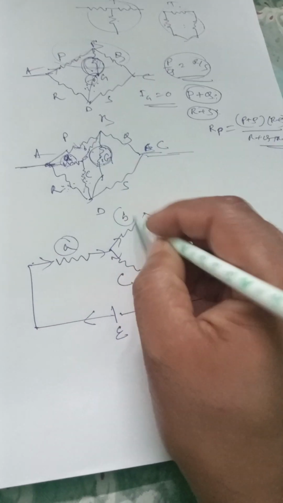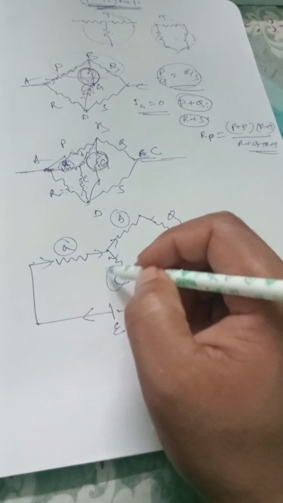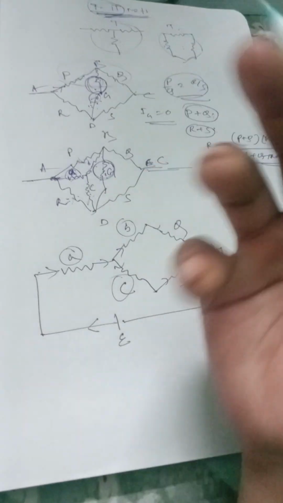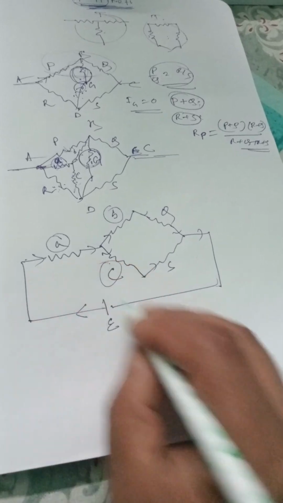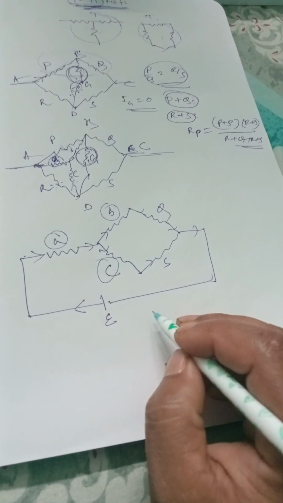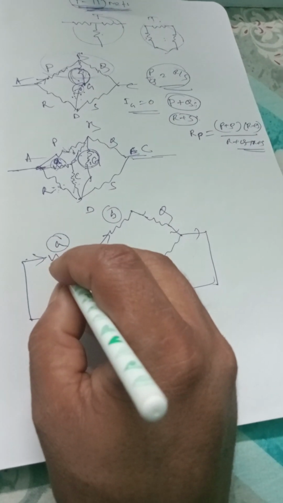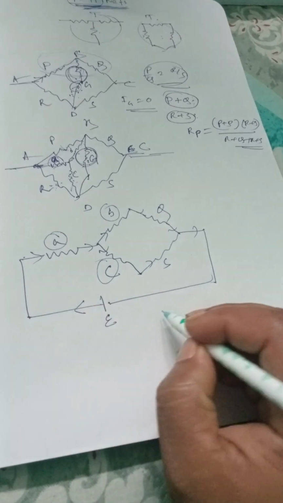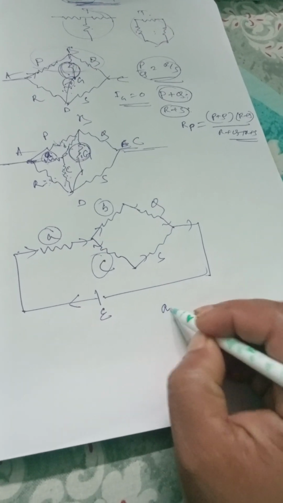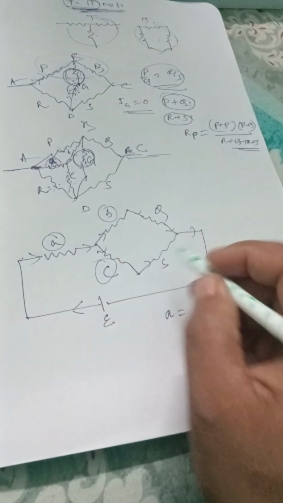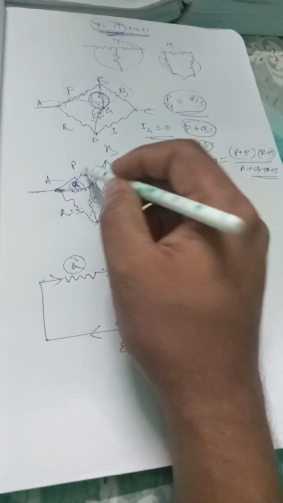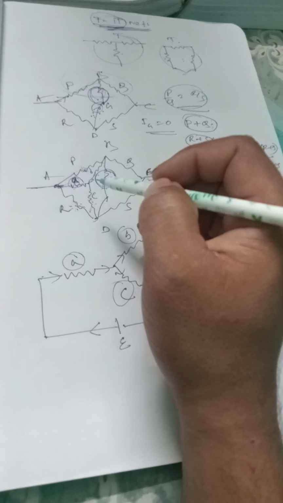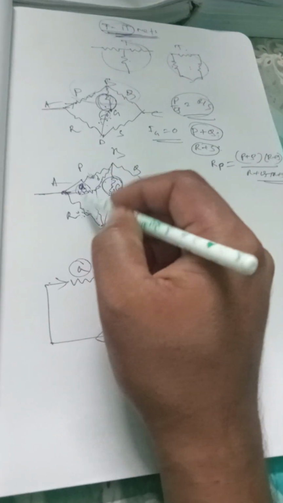Now you have to determine the values of A, B, C. How will you calculate them? There is a formula. A equals the product of the two adjacent resistors divided by the sum of the 3 resistors.